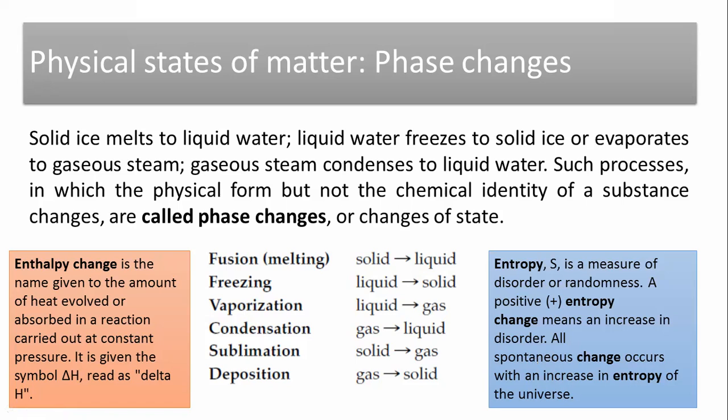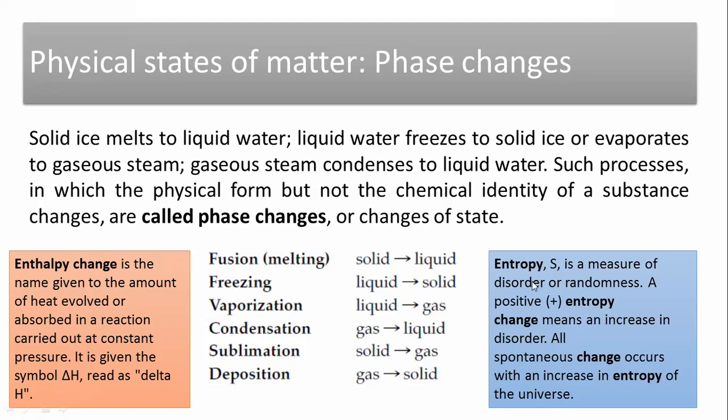So again, now I'm going to conclude over here. If the sign of delta H is positive, that means energy is absorbed, then this is a non-spontaneous process. When the sign of delta H is minus, or you can say when the energy is released, then this is the spontaneous way.